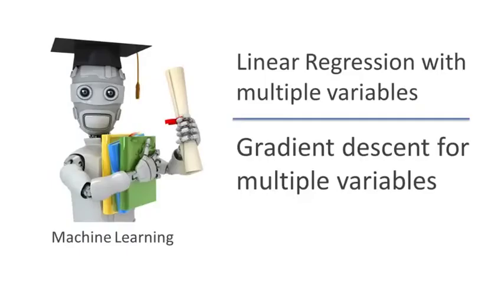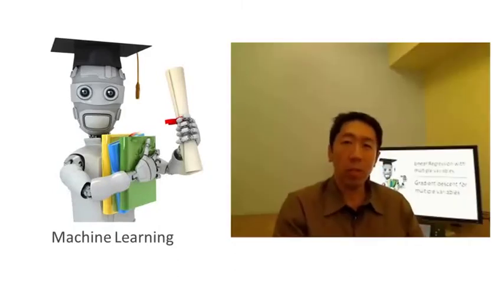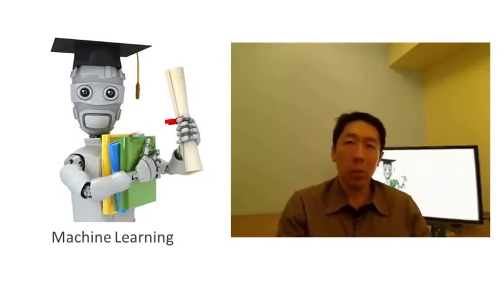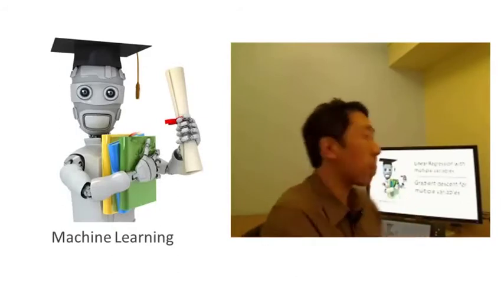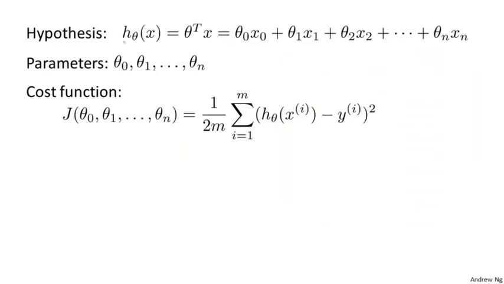In the previous video, we talked about the form of the hypothesis for linear regression with multiple features, with multiple variables. In this video, let's talk about how to fit the parameters of that hypothesis. In particular, let's talk about how to use gradient descent for linear regression with multiple features. To quickly summarize our notation, this is our form of hypothesis in multivariate linear regression, where we've adopted the convention that x0 equals 1.